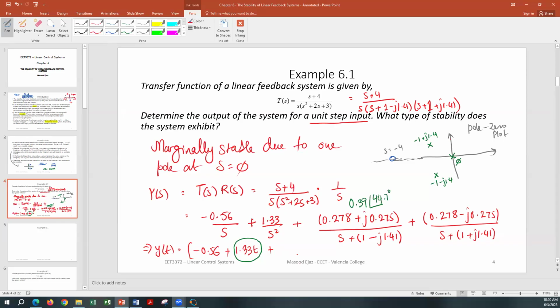So what was that? 2 times the magnitude of the numerator, which is 0.39. So it's going to be 0.78, right? 0.78 e to the power negative t, cosine of the frequency, which is 1.41 t, plus the angle, which is 44.7 degrees.